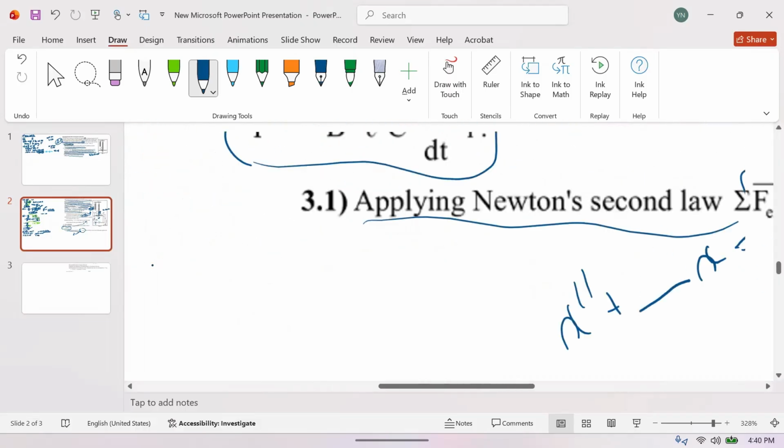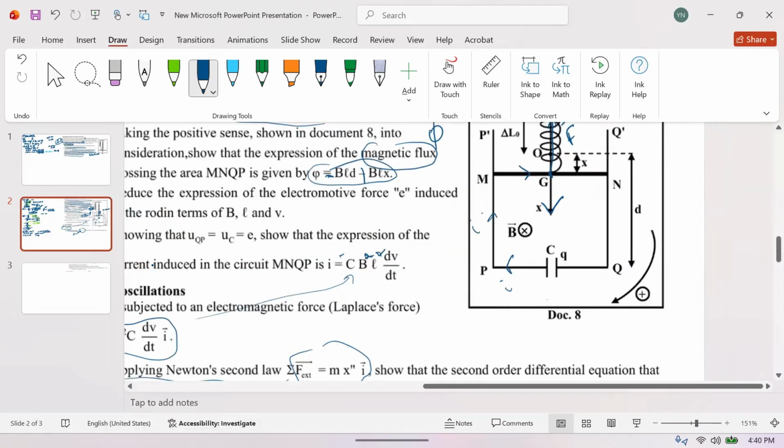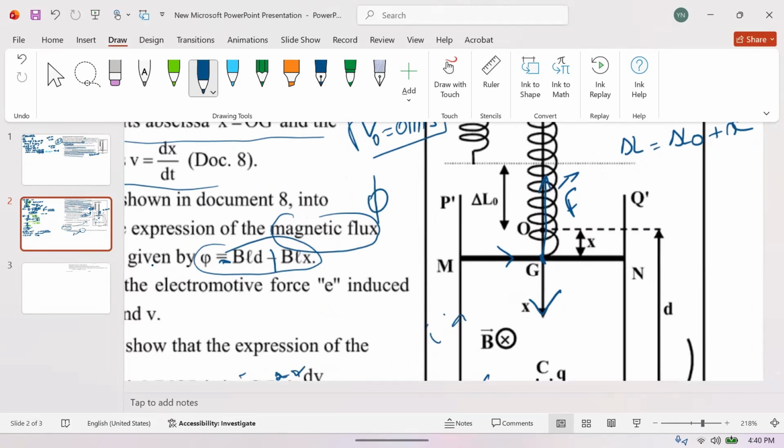But if I go to the figure, I can see that delta L is the distance, or the elongation of the string from where it was at the beginning, which is here, till where it is now. So from here to here, this is delta L, the new one. But I cannot help but relate delta L to delta L0 because they are on the same figure.